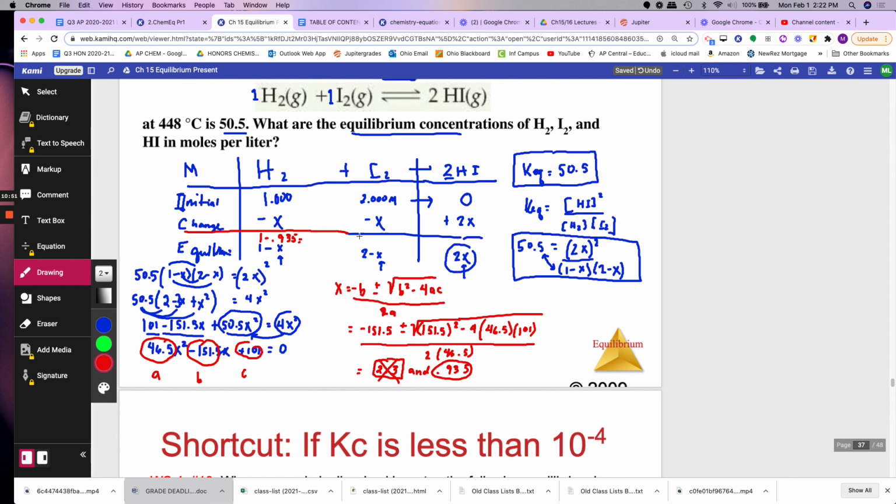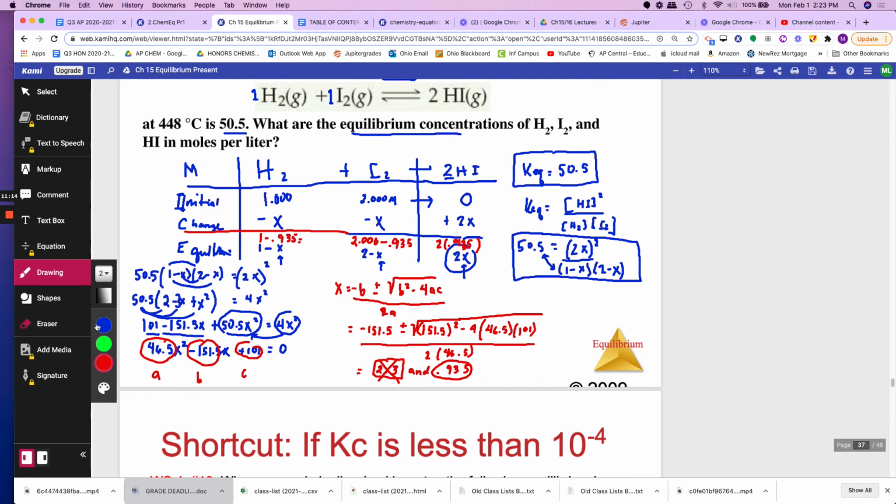And then whatever that number is, you just plug it in there. And then for I2, you have 2.000 minus 0.935, which will tell you how much I2 you'll have left unreacted. And then 2 times 0.935 is how much HI you will make in the end.